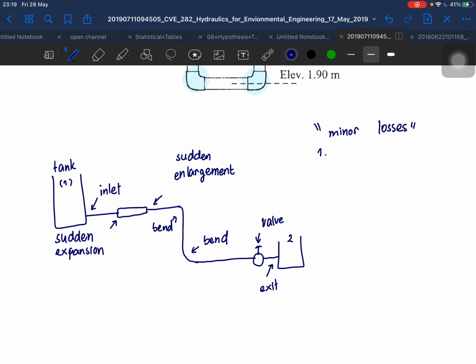We have exit from pipe to tank. We have entry to a pipe from a tank. Then we have sudden enlargement.